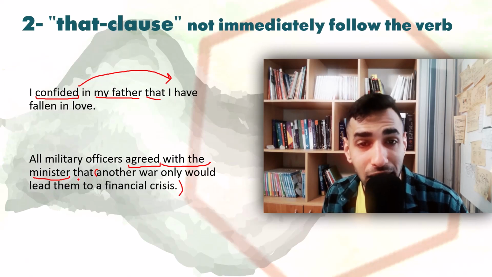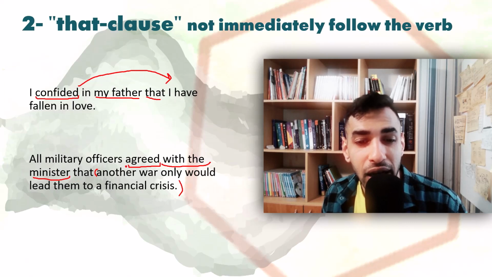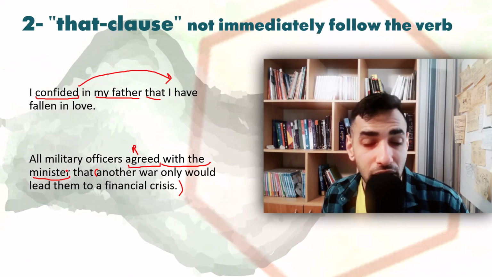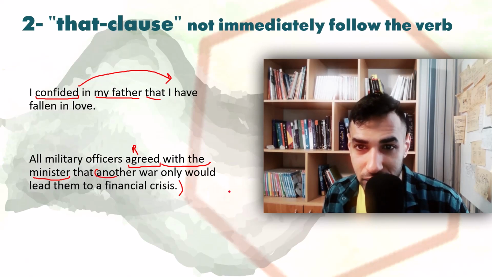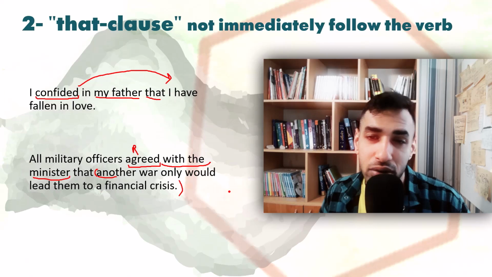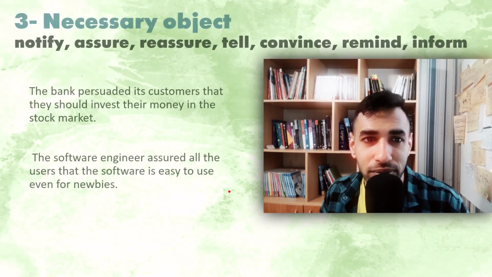That cannot be omitted because all military officers agreed, reporting verb. But after agreed, we have an object, with the minister. So the verb agree does not immediately precede the noun clause. So that cannot be omitted.